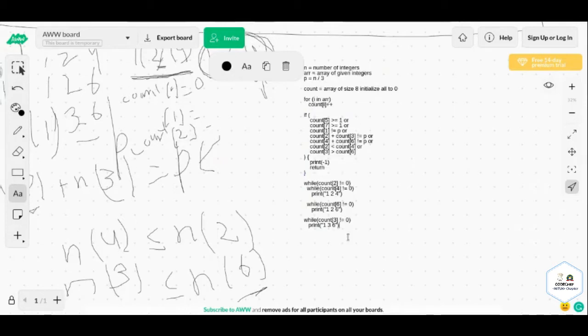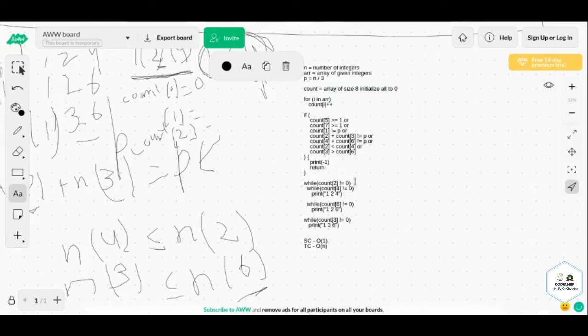So the complexity of this code is what? For space complexity, we are using a count array of size 8 always, that is constant size. So space complexity is O of 1. And for time complexity, we are looping over all the elements, that is n times, and then we are looping again for count of 2, which is again bounded by O of n.